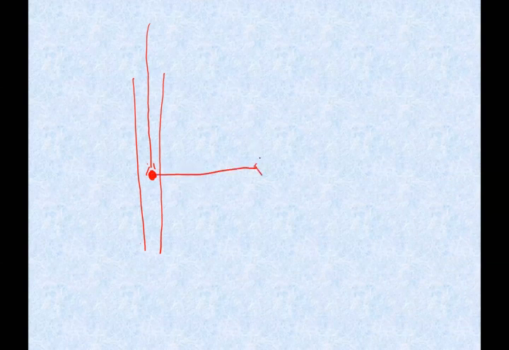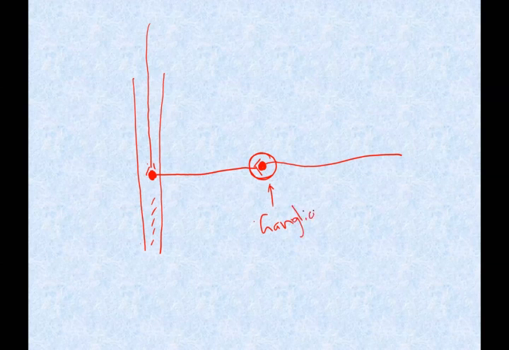This nerve fiber will synapse with another cell here, and that will have a fiber going out. Since this is a collection of cell bodies outside the central nervous system, this is called a ganglion.